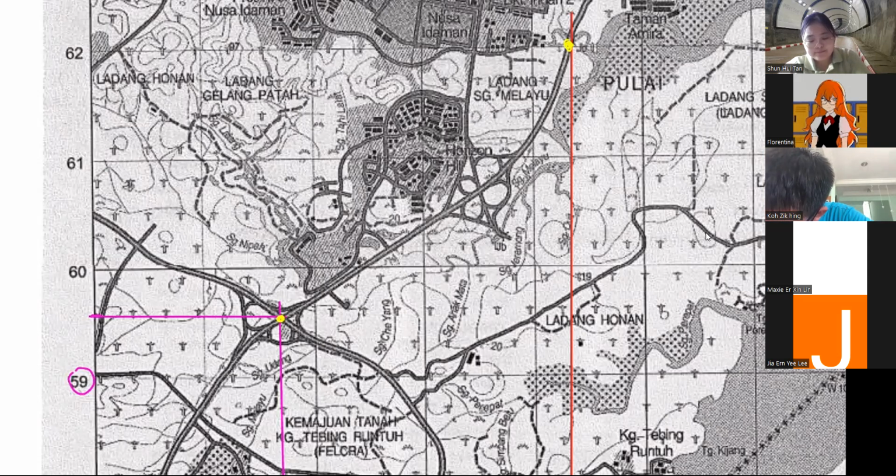So how much is that? Remember, you got to measure from here, okay? You can use ruler straight away, or you want to use string also. You should get the same answer. Actually, you will get back the same answer. It's just if you use string, it will be faster.